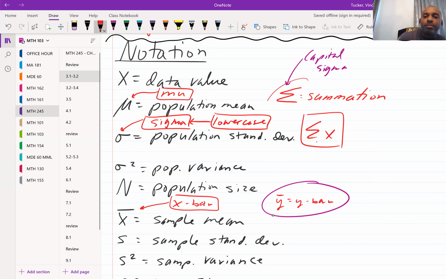Now, capital sigma, if you know anything about the fraternities and stuff, they use the capital sigma. That represents summation. That means that you would add up your data values. So we're not talking about capital sigma here. We're talking about lowercase sigma that will represent your standard deviation and variance. Capital N is your population size.